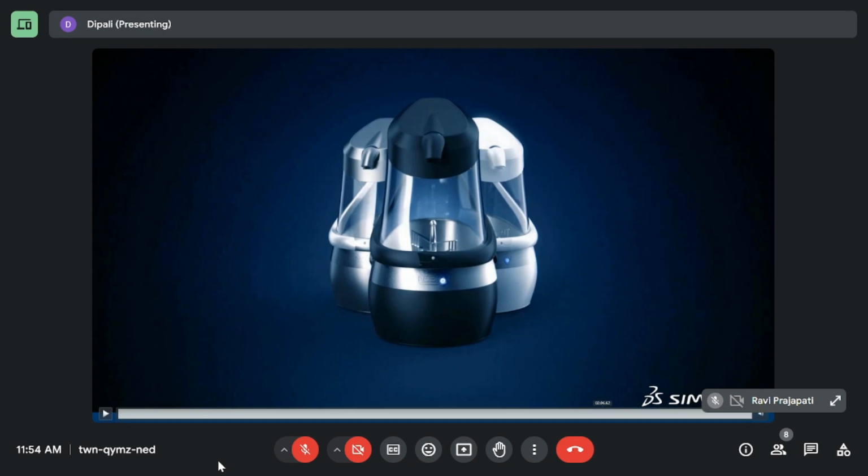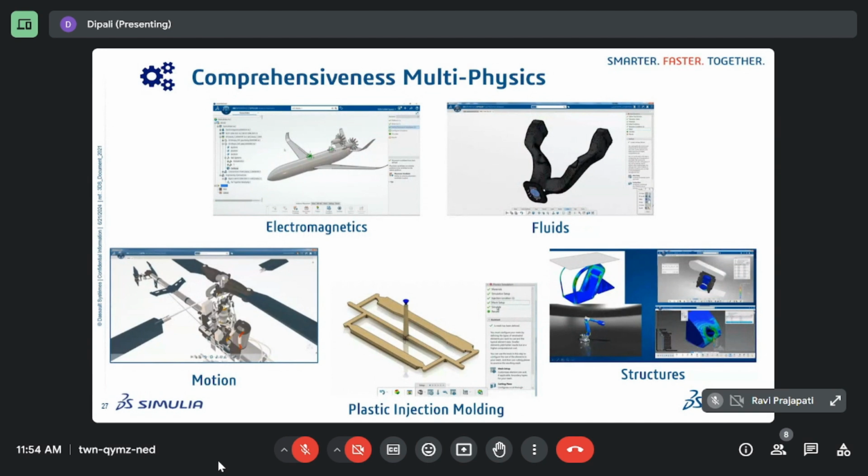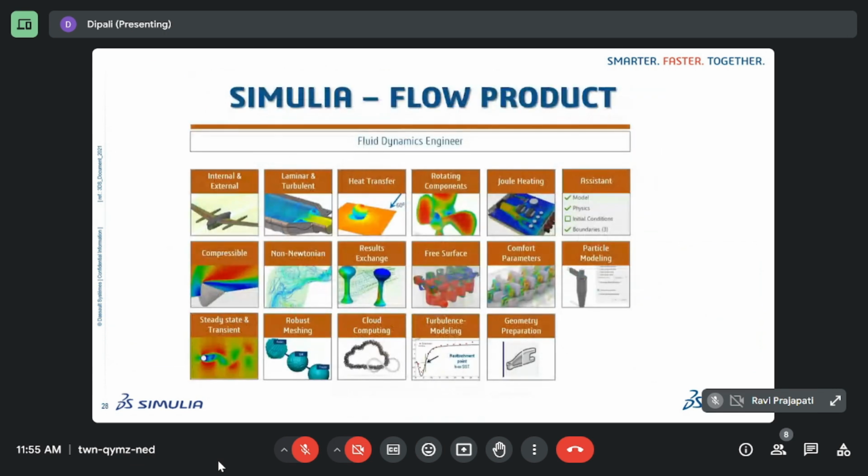Okay, now let's move ahead. Let's talk about fluid, which is another of the biggest segments in simulation. For fluid, we have the fluid dynamics engineer. With the help of that role, you can perform various kinds of flow simulation with CFD technology. You can perform internal and external flow, whether the flow is laminar or turbulent.